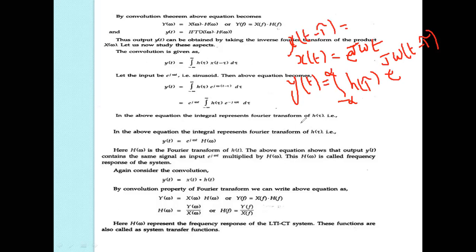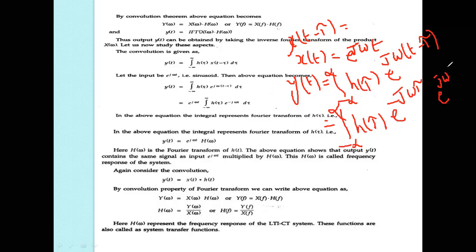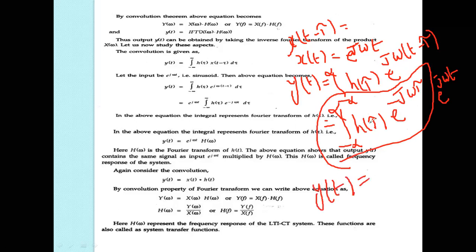That is equal to the integral from minus infinity to infinity of h of tau. Now you can split this exponential into two parts, e power minus j omega tau and e power j omega t. So what is this equation? It is the Fourier transformation of h. The y of t is equal to, by the Fourier transformation formula, H of omega into e power j omega t.